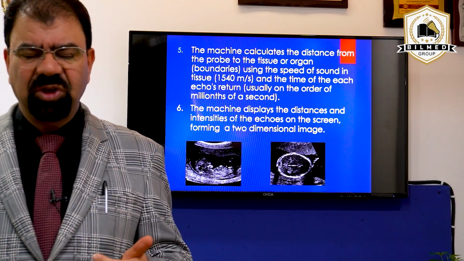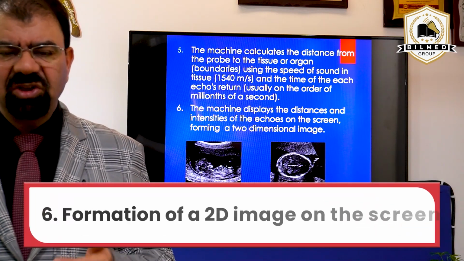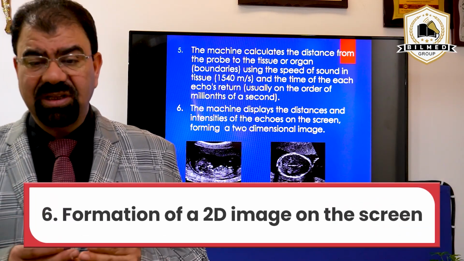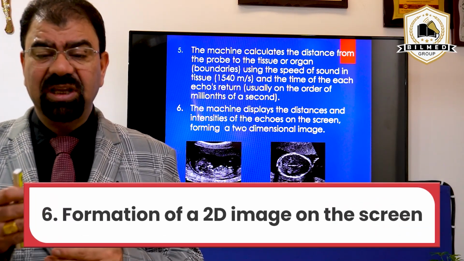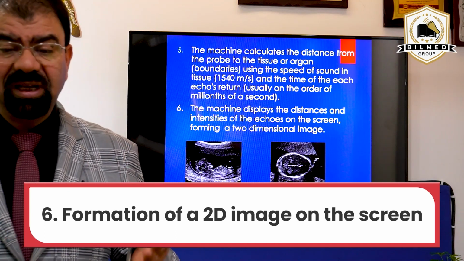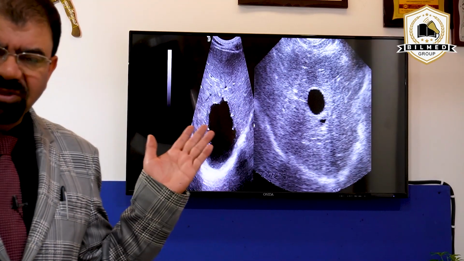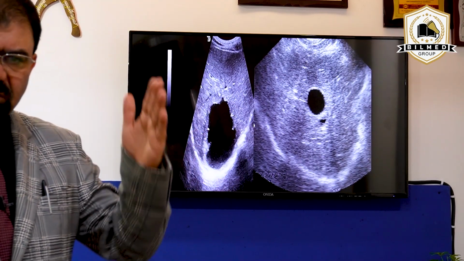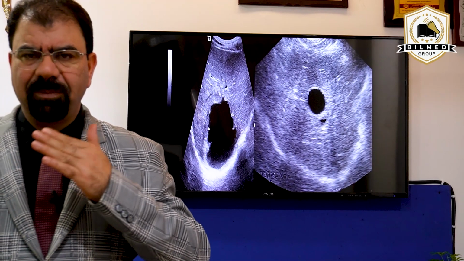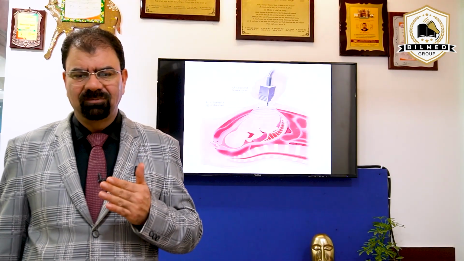And sixth and lastly, the machine displays the distance and intensity of the echo on the screen, forming a 2D ultrasound image like this. So this is the sequence of how the machine is working.